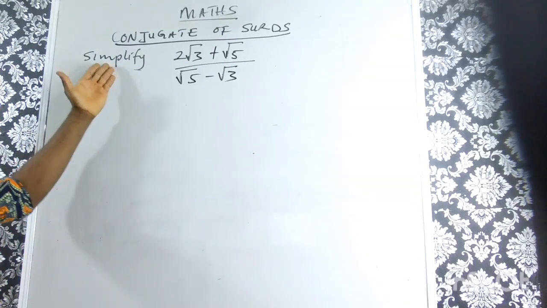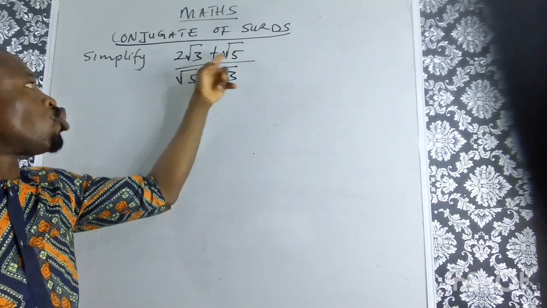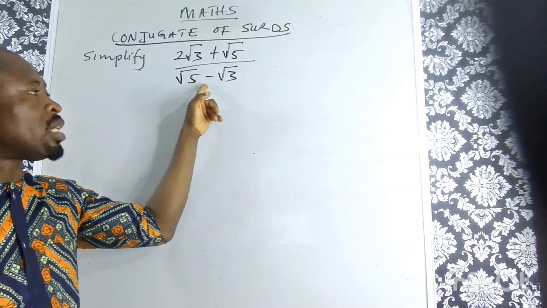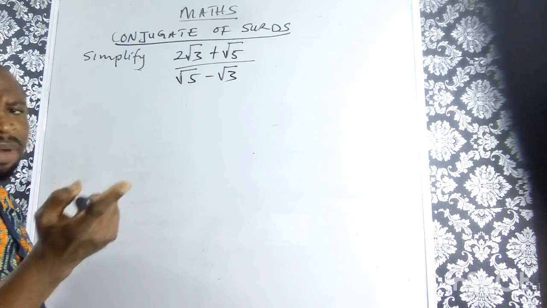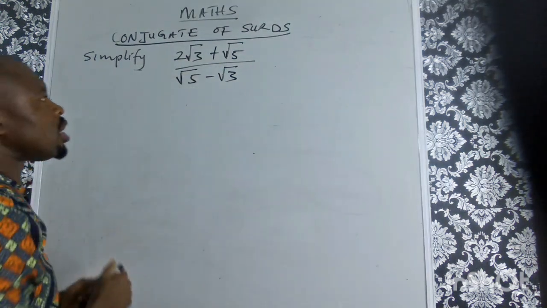This problem says simplify 2 root 3 plus root 5 divided by root 5 minus root 3. Very simple. Now we go. Remember what we said earlier? Just multiply through with the conjugate of the denominator.